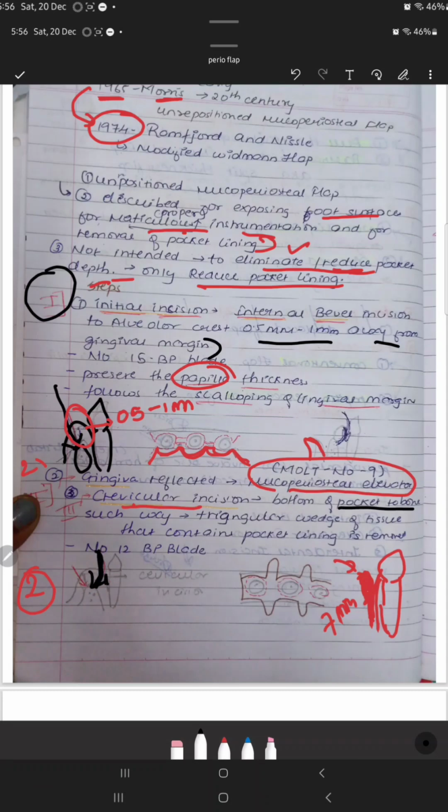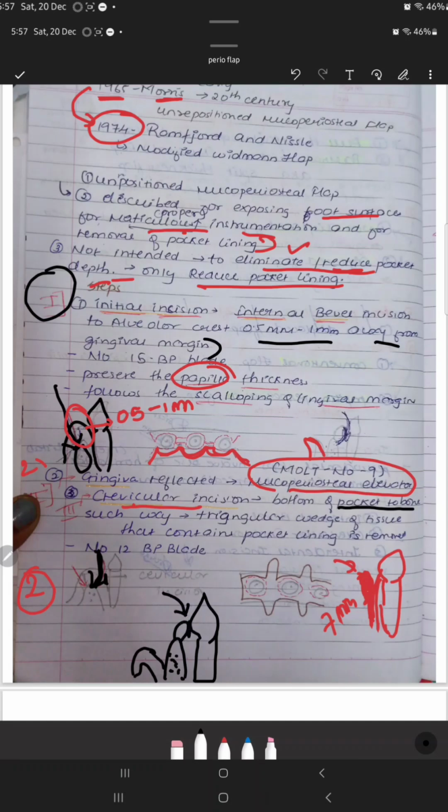It is given along the sulcus in such a way that, see, this is a tooth, this is the bone, this is the flap that is reflected. First you have given the internal bevel incision, and then you have reflected this flap. Now this is the sulcus.